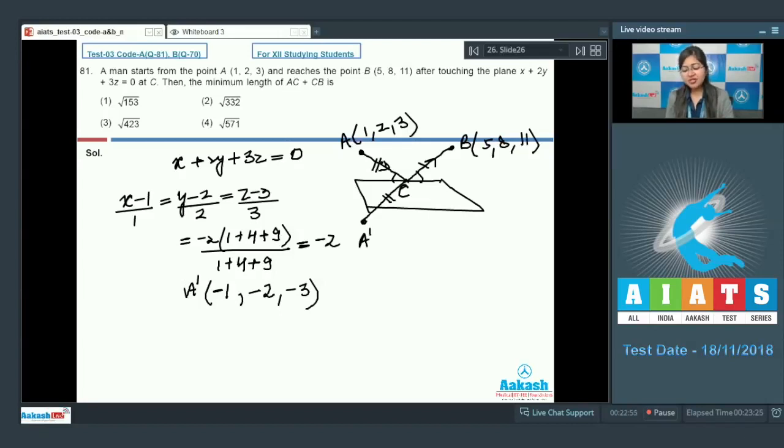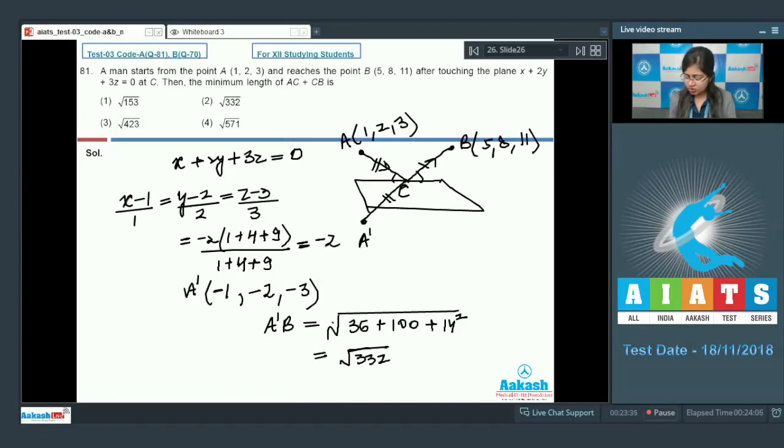Now as A dash, C and B are collinear, we can see that A dash C + BC will be equal to A dash B. Now by distance formula we can find the value of A dash B equal to under root of (5 - (-1))², that is 36, plus (8 - (-2))², that is 10², that is 100, plus (11 - (-3))², that is 14². So this will be equal to under root of 332. So the correct answer will be option number 2.